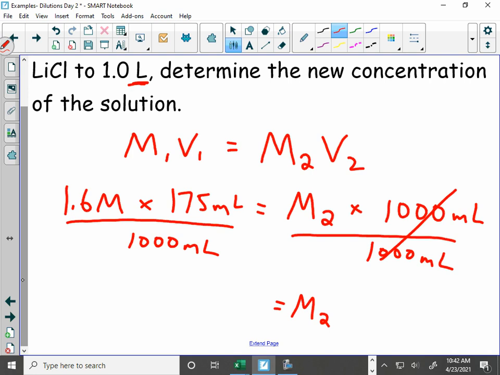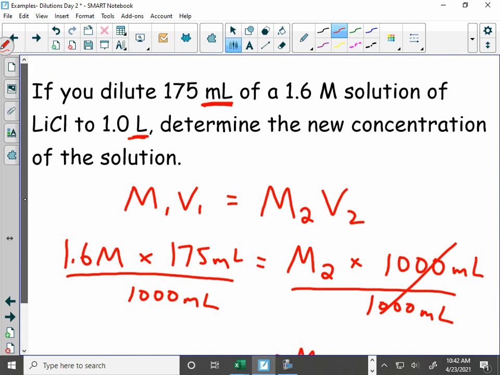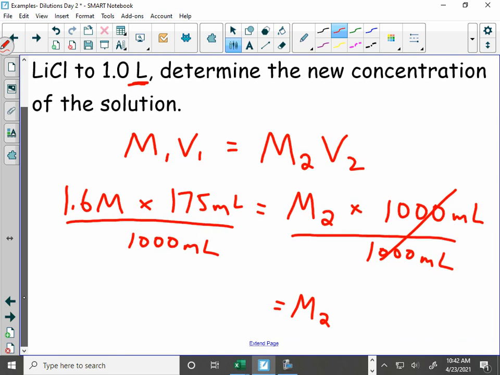1.6 times 175, and then I'm going to divide that by 1,000, and I get a value, and I come back to my original: 3 sig figs, 2 sig figs, 2 sig figs. I need 2 sig figs. I get a value of 0.28. Now I go back and look.